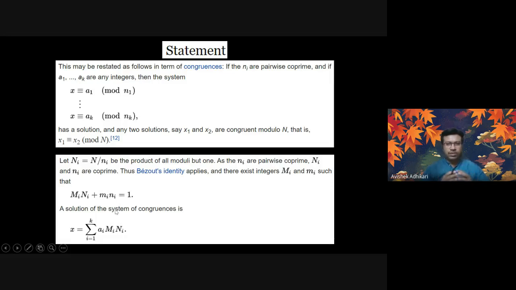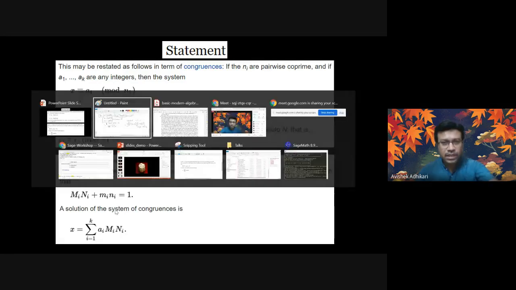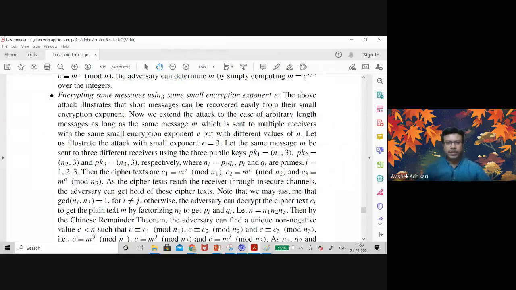What I want to say is that solving the Chinese remainder theorem is very easy. You can write a very good code which can give you the common solution of the system of linear equations. That means it has a very efficient algorithm to solve it, and based on that the attack comes into picture.